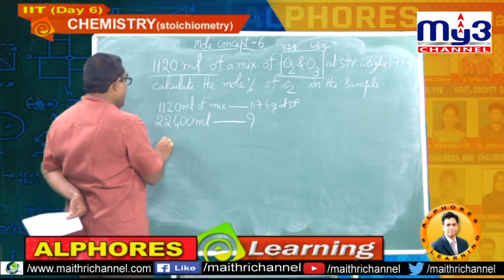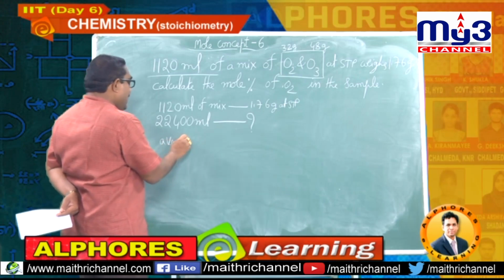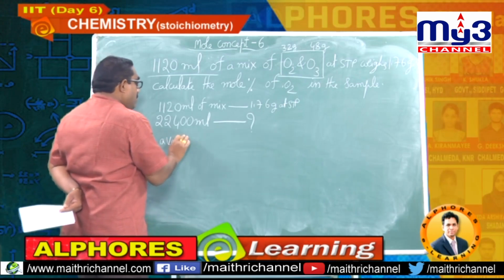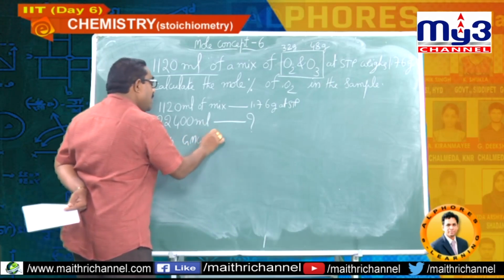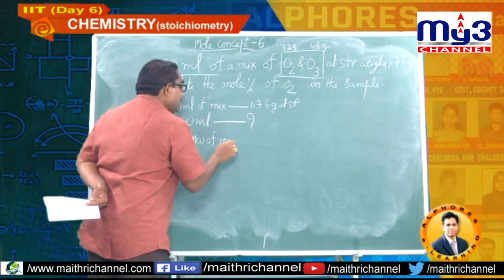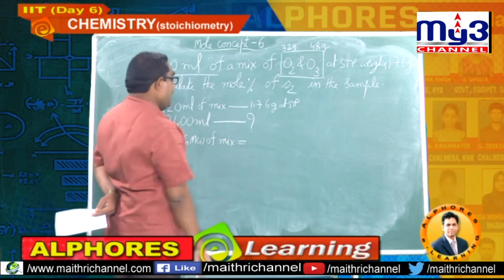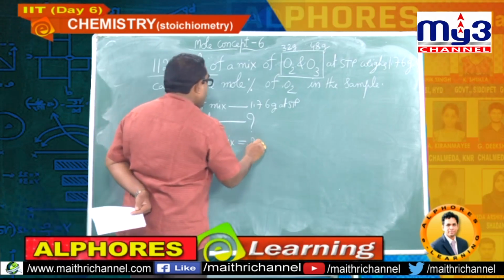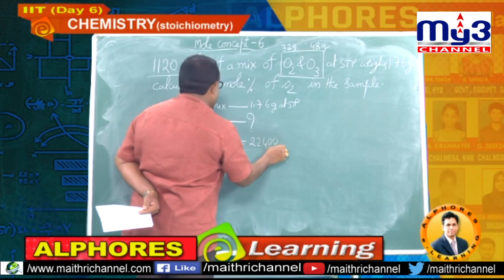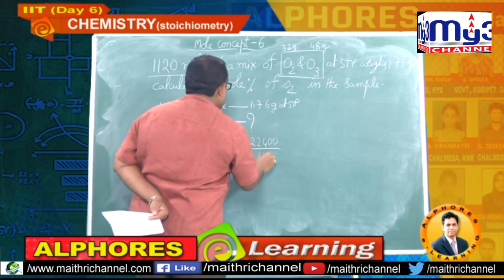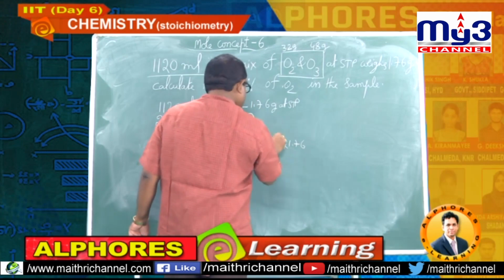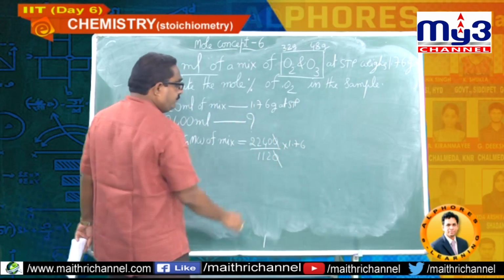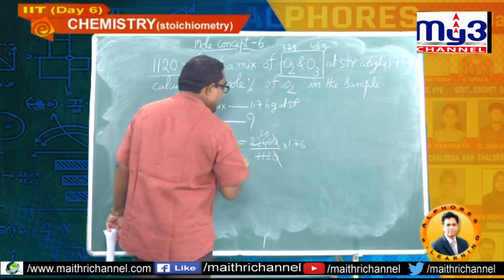Now, what you will get here? Average molar mass, MW of mixture. I can do the calculation here. 22,400 by 1120 into 1.76. 1120 goes into 22,400 in 20 times.